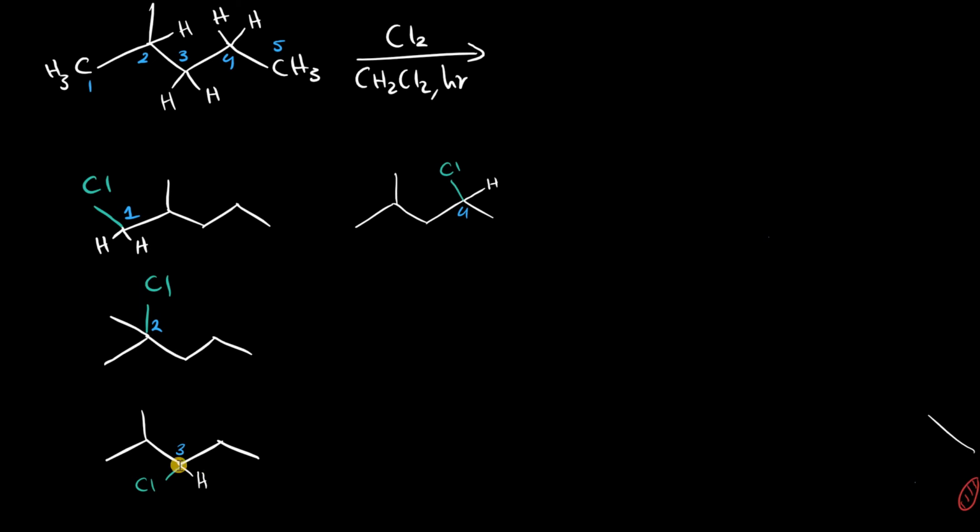So the chlorine can be projecting out front or towards the back at carbons 3 and 4, if the substitution occurs at those positions. Finally, we can substitute a chlorine at position 5 to form another primary alkyl chloride. And because we don't have a chiral center forming, only one product results. So essentially, if we react isohexane in Cl2, dichloromethane, and light irradiation, we can form 7 different products.